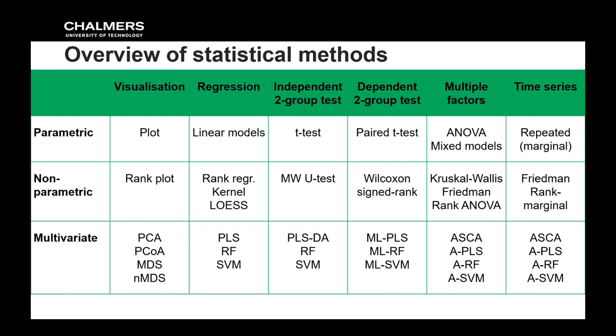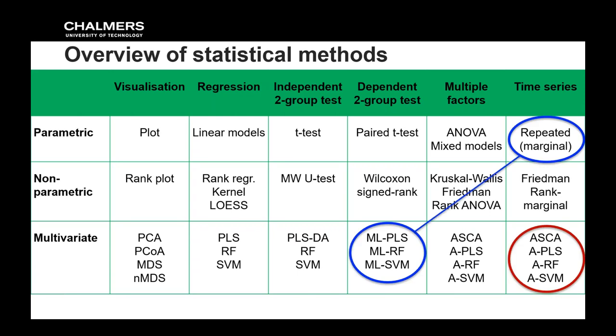For the dependent two-group test, there's a multi-level approach, and for multiple factors or time series, that's been a problematic field. But there's the pioneering work of the ANOVA simultaneous component analysis, which is very interesting and promising. So we've been working on two approaches actually.